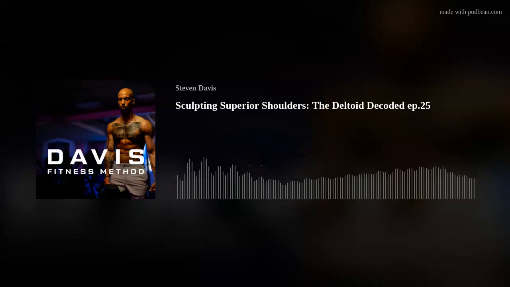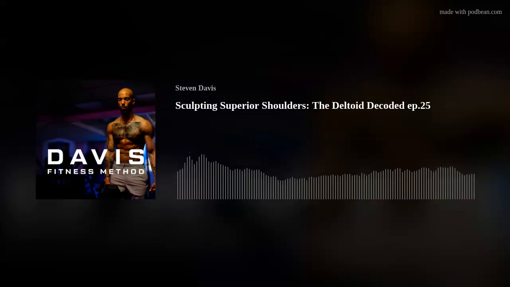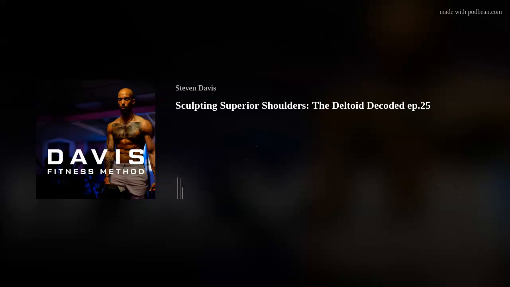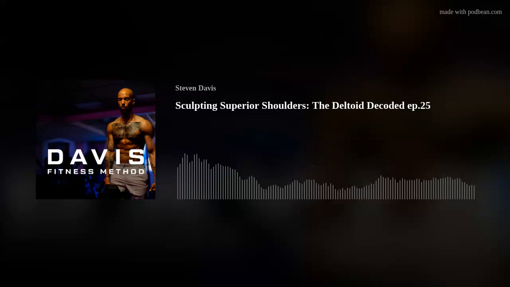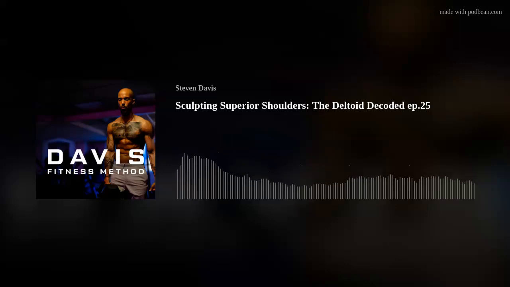Well, we want to make sure that we're actually training in ranges where that muscle is getting tension on it. Like if we're noticing that my pressing feels tricep heavy, then we're going to want to adjust things so that the delt can actually put tension on it.